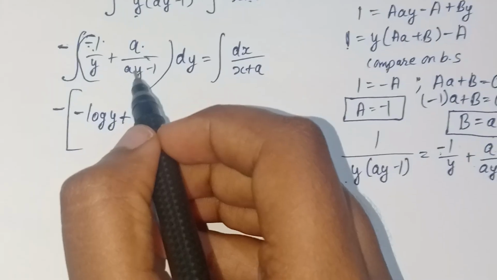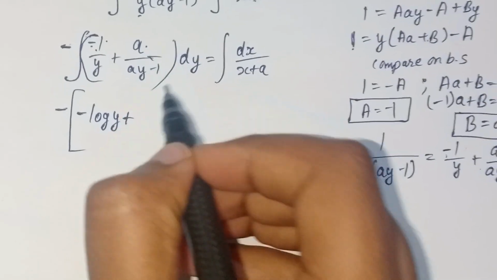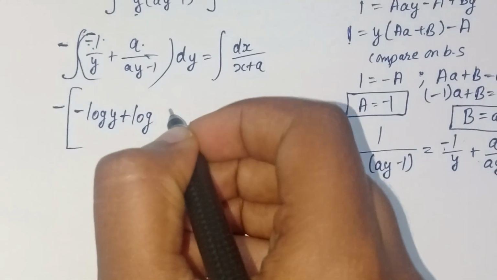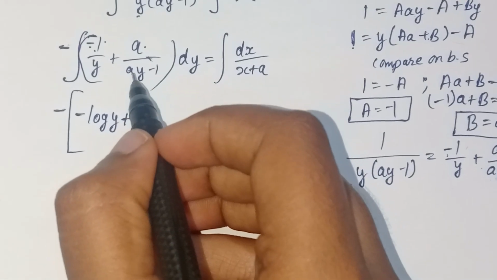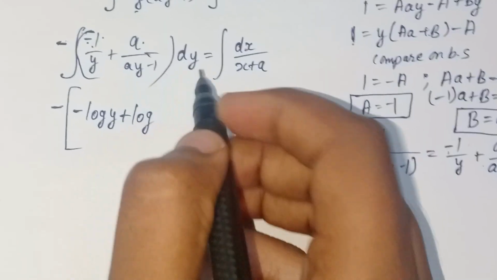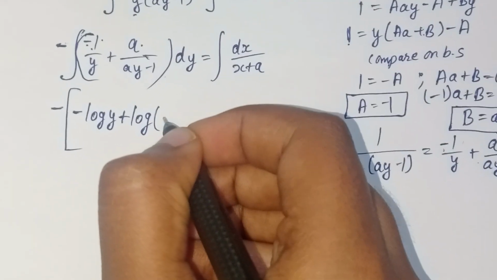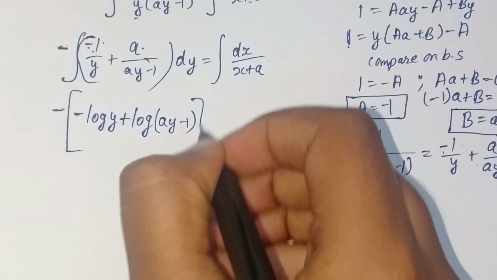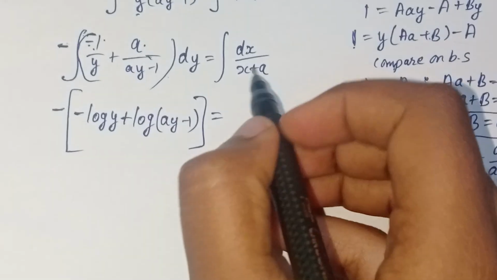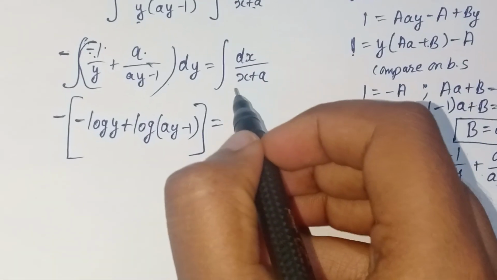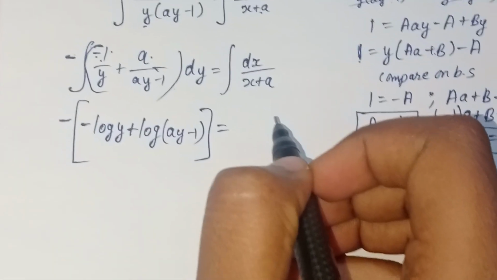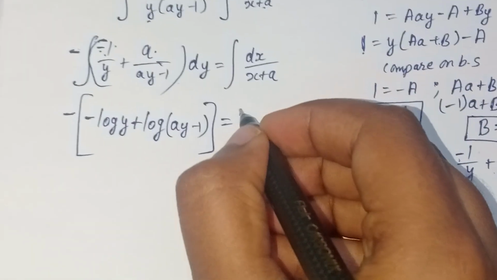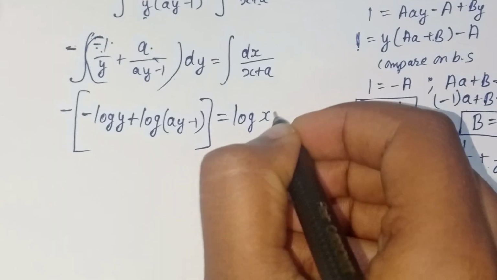By integrating ay minus 1 we get a, so we can write this as log of f of x. Here f of x is nothing but ay minus 1, so we write log of (ay minus 1). Equals the integration of 1 by (x plus a) dx, so we write log of (x plus a).